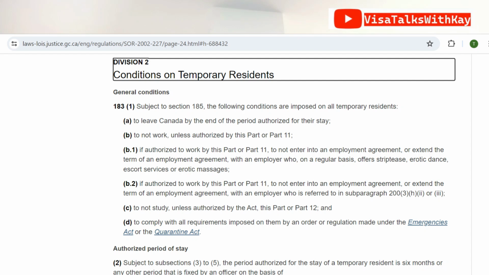So now, what does Division 2 of Part 9 say? Clearly, Division 2 speaks to the conditions under which a temporary residence application will be granted. There are general conditions, and basically, you need to prove that you will leave Canada by the end of your period of authorization.